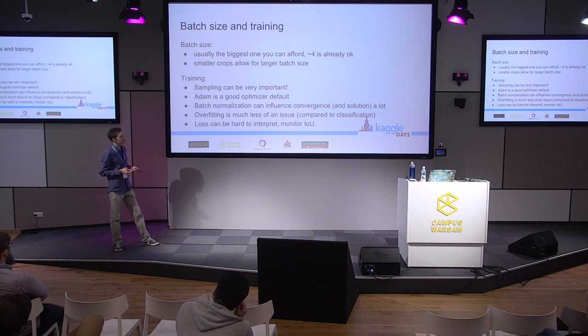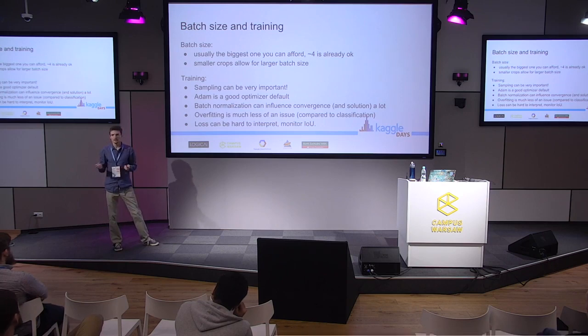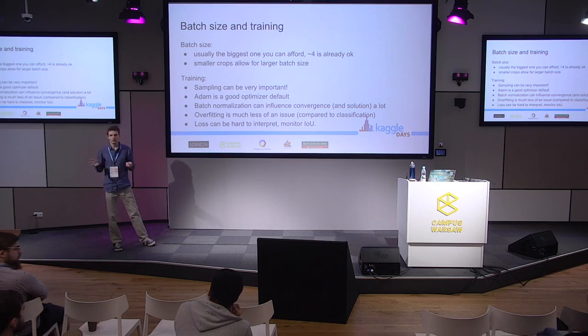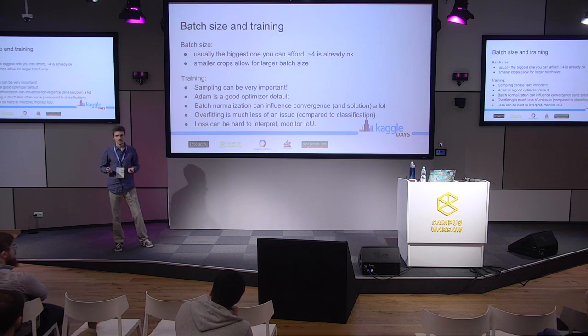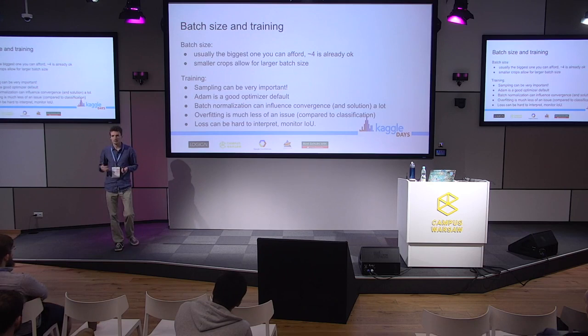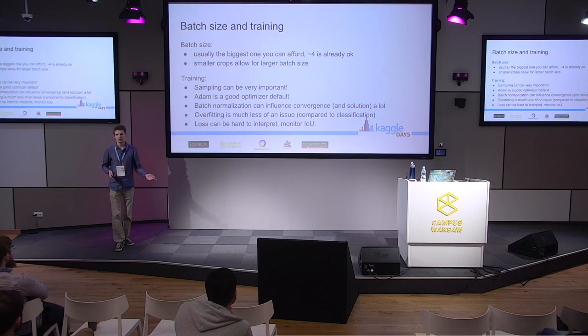So to recap, usually you are constrained by the batch size, so you just take the largest batch size you can afford, and 4 or 8 is already mostly good enough. Also, as we said, sampling is important, and Adam Optimizer is a good baseline, so you will most likely be fine with it and won't notice a significant difference.